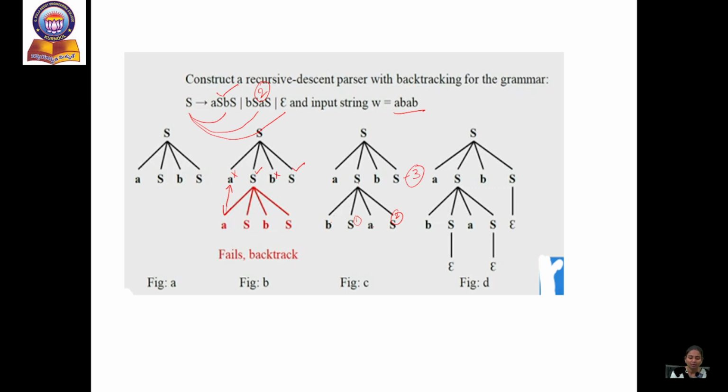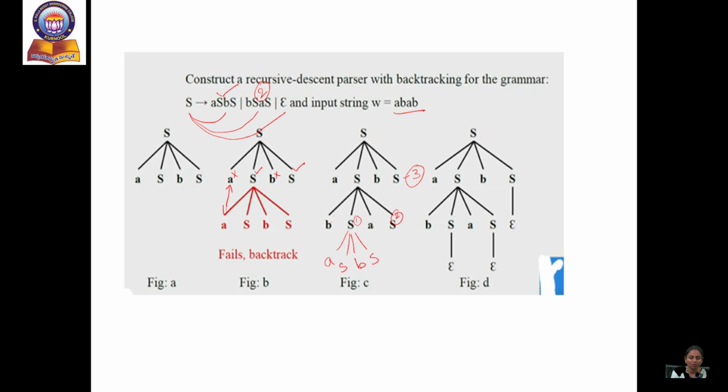Again we start here. So directly I have written here, suppose here again it chooses the first production. By default it chooses the first production, that is ASBS. So again for each and every step it checks whether the input string we need is going to be parsed or not.